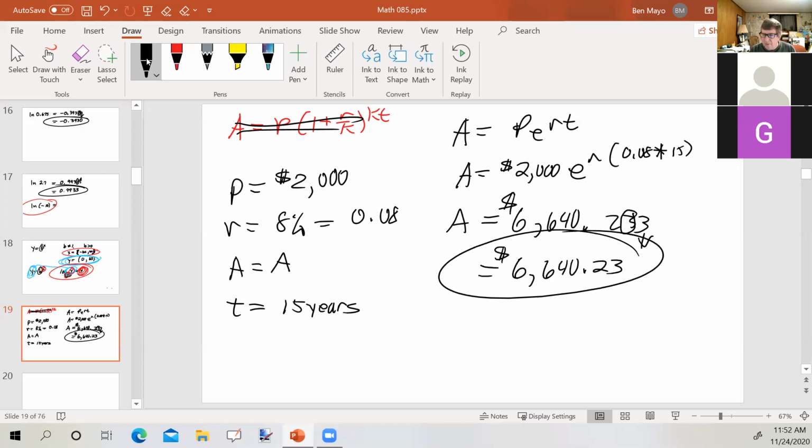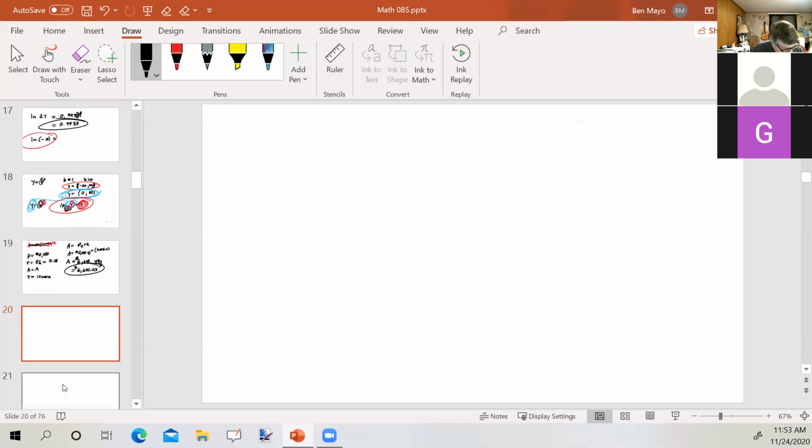Are you okay with that? Yes. All right. Let's take a look at another example. It says determining the previous balance. An account now contains $3,610 and has been accumulating interest at 8% annual interest, compounded continuously. How much was in the account 4 years ago?